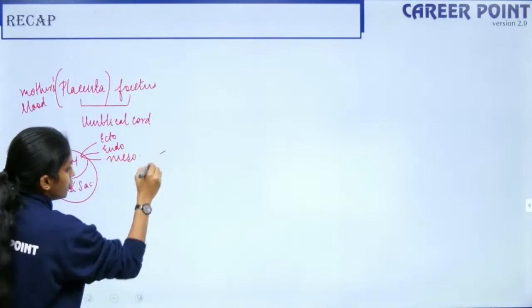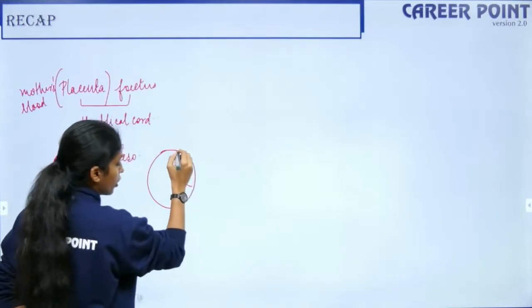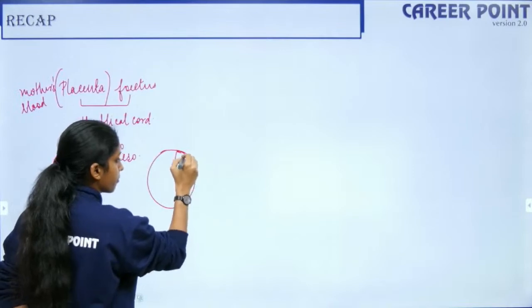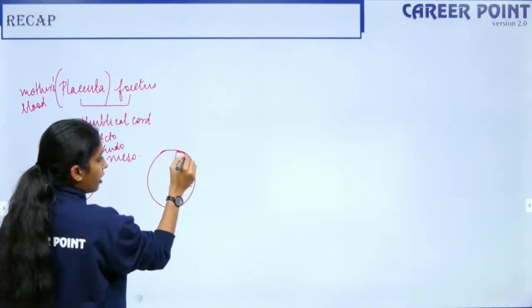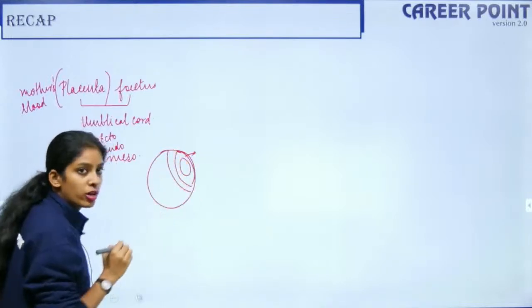Right. So when it differentiates, it forms a layer like this. So it becomes a discoidal cavity like this. Okay. So this is your ectoderm, endoderm, and then you have a mesoderm like this.